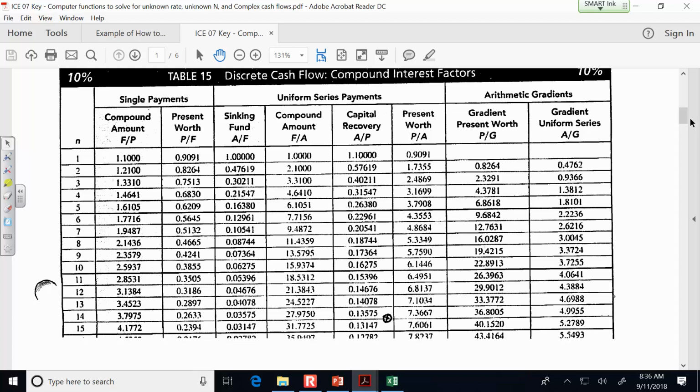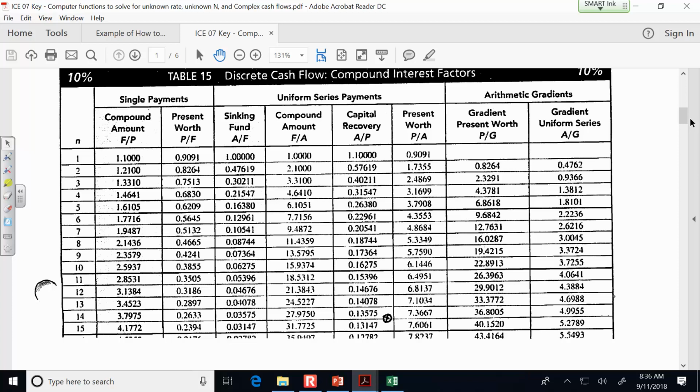And so that number is 0.1333 continuing. All right. So now go to this table, the 10% table, and find the column that says A/P, capital recovery. Okay, so there it is. And go down through the numbers and look which one is closest to 0.1333.